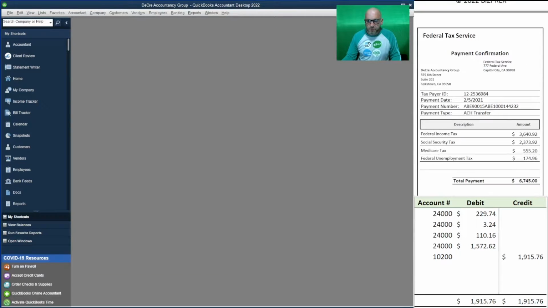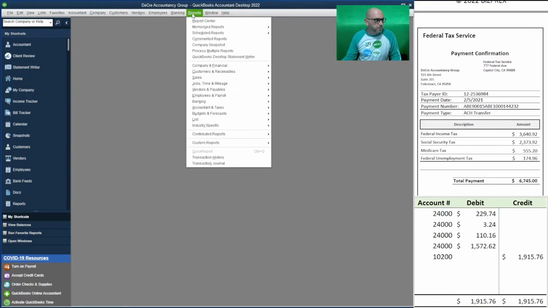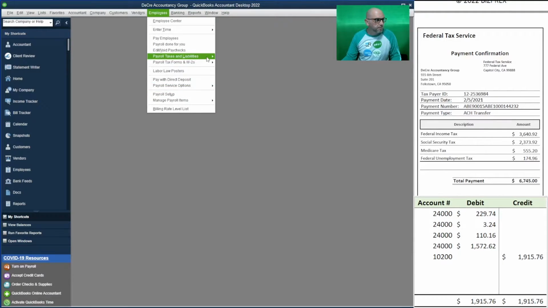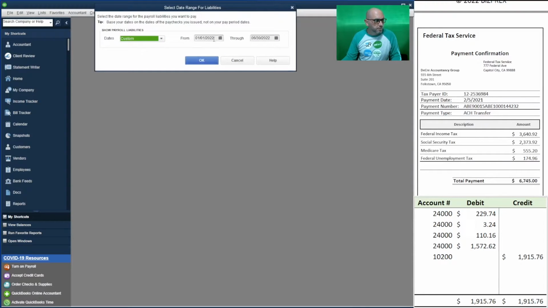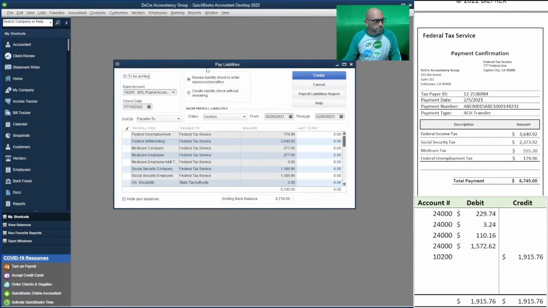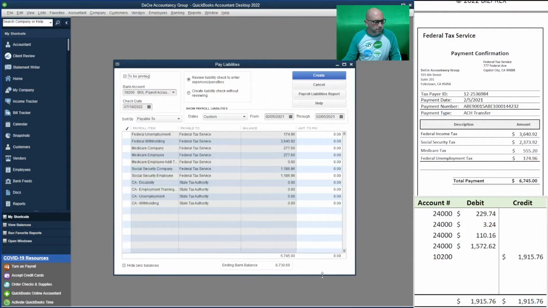Next one, we're going to pay our federal taxes. Similar thing, right? There it is. All right. And we're going to make sure the date is correct. 6,745. That's what we have. Let's reflect it right here.